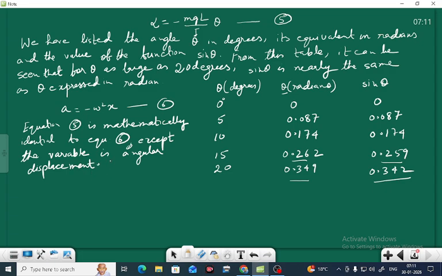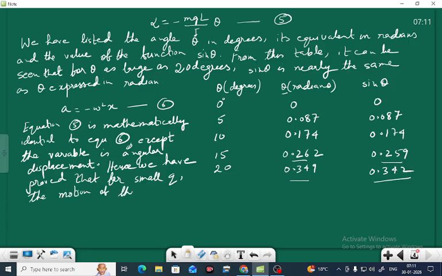Hence we have proved that for a small angle, the motion of the bob is simple harmonic.